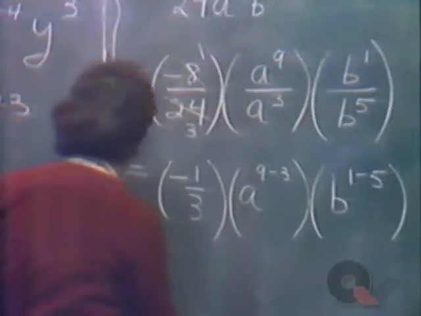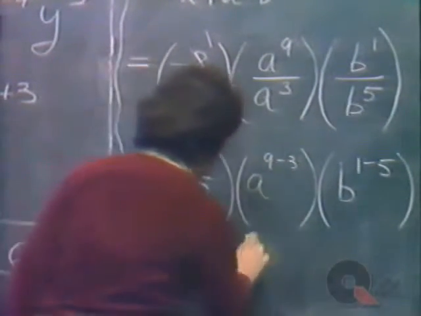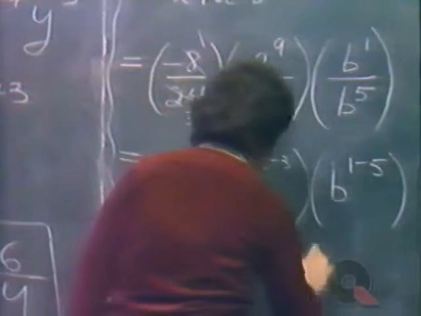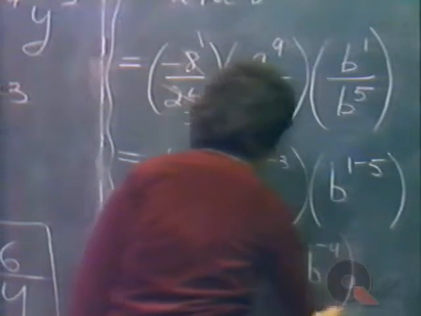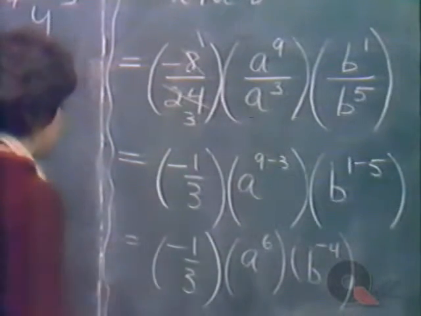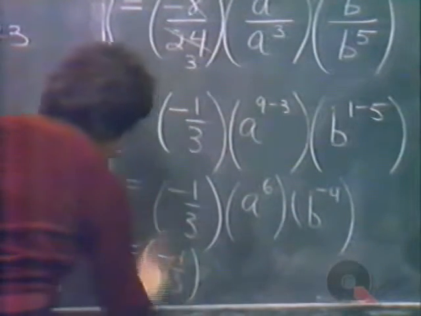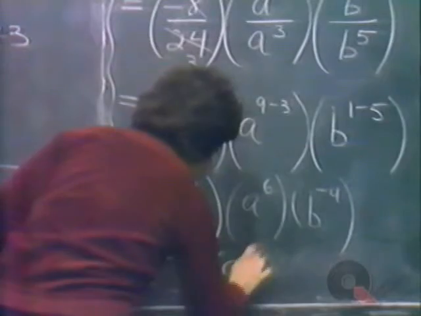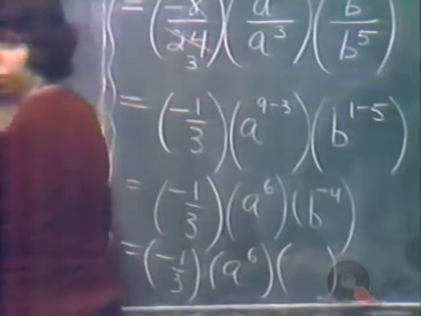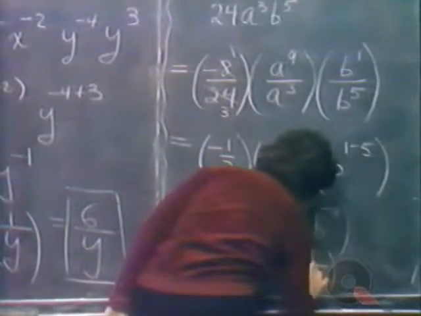So we have minus 1/3 a to the 6th b to the minus 4. And this gives us minus 1/3 a to the 6th b to the minus 4. Using definition 3, b to the minus 4 is 1 over b to the 4.